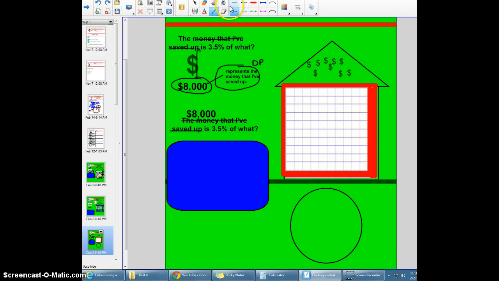Well, I will tell you that 3.5% of it, that much, is $8,000. Okay? That's what we know. 3.5% is equal to $8,000. Boy, wow. Well, if this much is $8,000, the entire circle is how much? That's what we're trying to figure out.